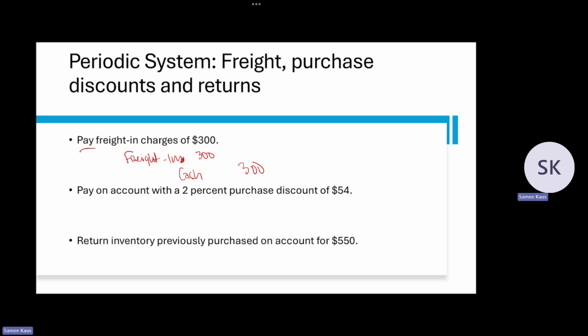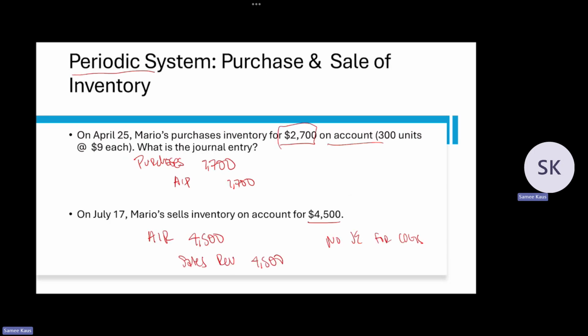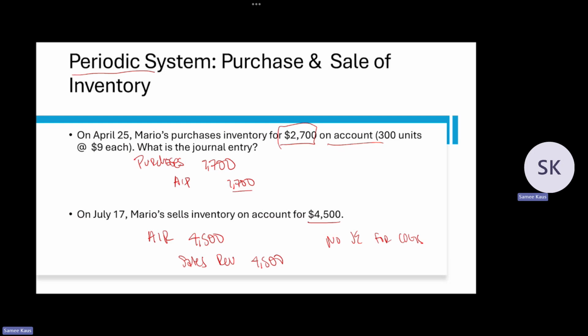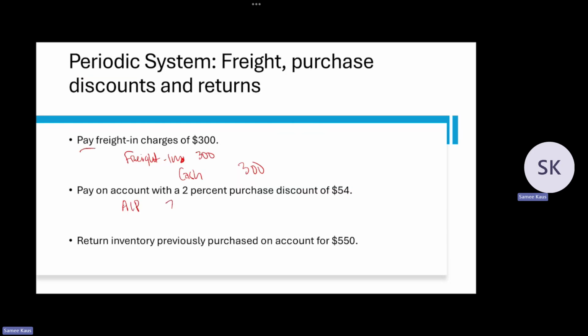Now I see that I'm paying on account with a 2% purchase discount of $54. So I have a purchase discount related to this purchase. The first thing I'm going to do is get rid of my full accounts payable that I established, so I am fully extinguishing the accounts payable of 2,700. Now, under a periodic system, different than perpetual, I actually do have a purchase discount account of 54.